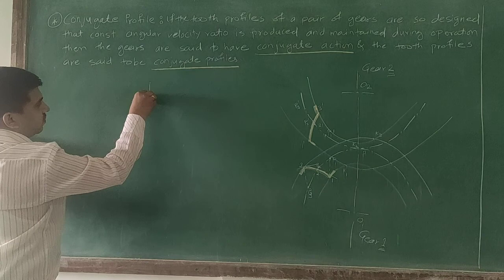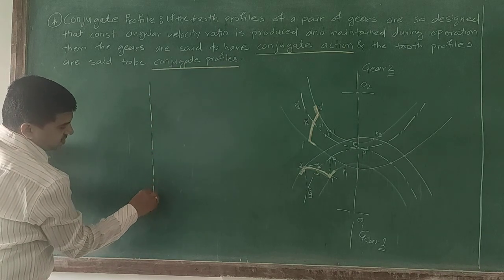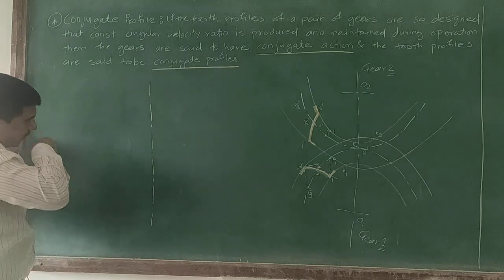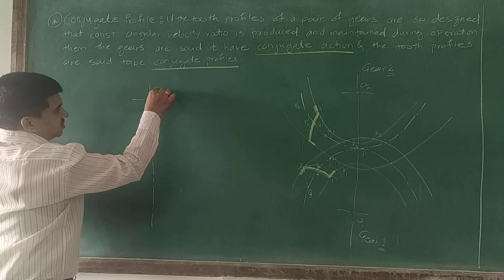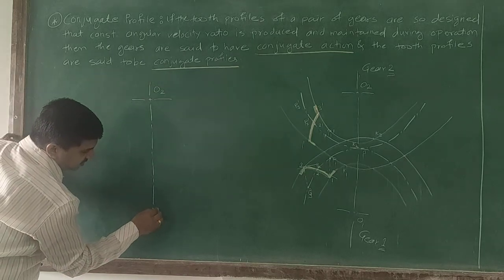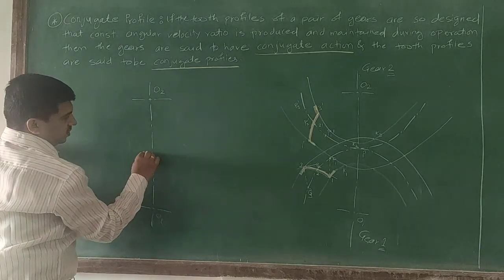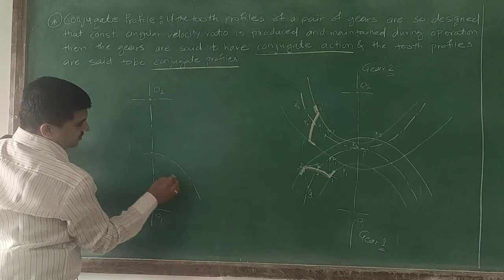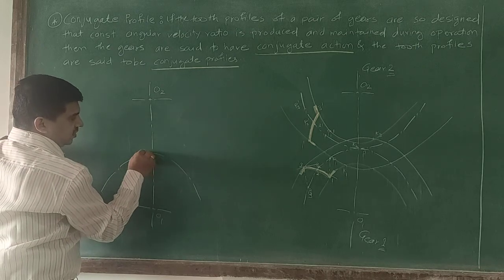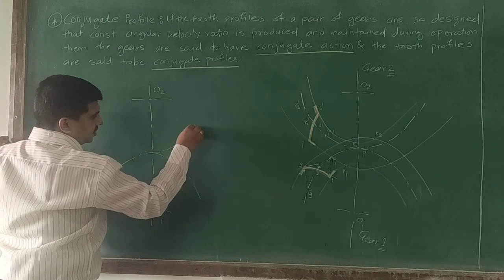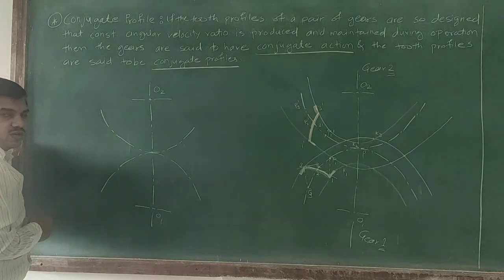What we did, what we had: a center line. Let us repeat it fast. We had one center line, then we had this O2 gear center and O1 gear center. Then we had this pitch circle, then we had another pitch circle for gear 2.